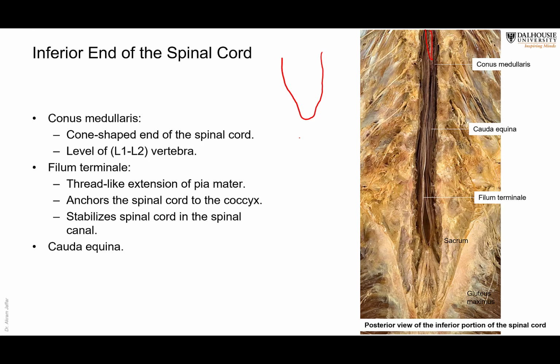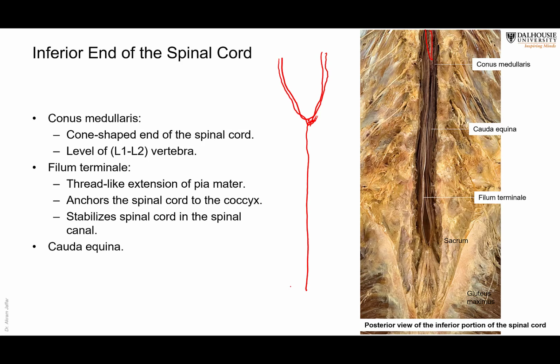Remember that the spinal cord was covered by pia mater directly applied to it. So when the spinal cord terminates, the pia mater, which is just a fibrous tissue, continues down. Remember that the spinal cord occupied the entire length of the vertebral canal before. So the pia mater continues down as a terminal thread, a terminal filament called filum terminale.